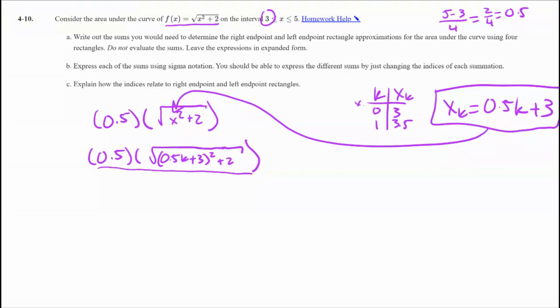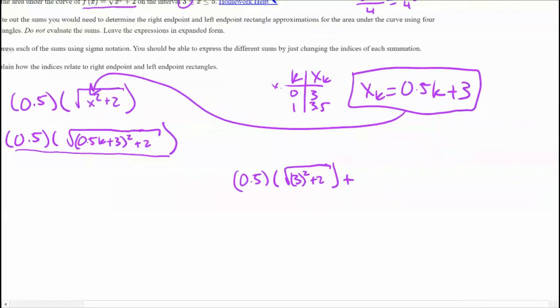But basically what we would do is, for the first one, 0.5 times the square root of 3 squared plus 2. That's my first term. Plus 0.5 times square root of 3.5 squared plus 2.